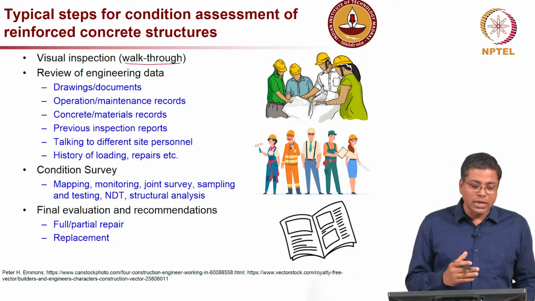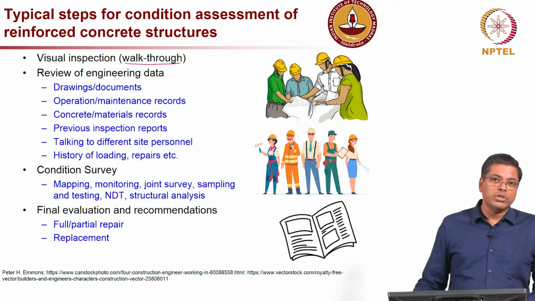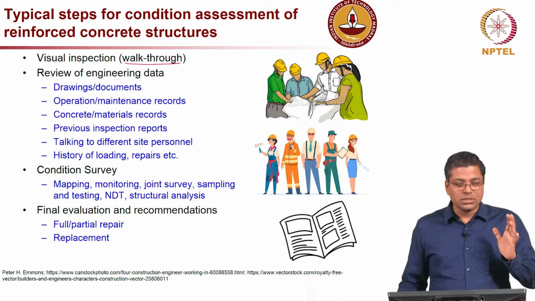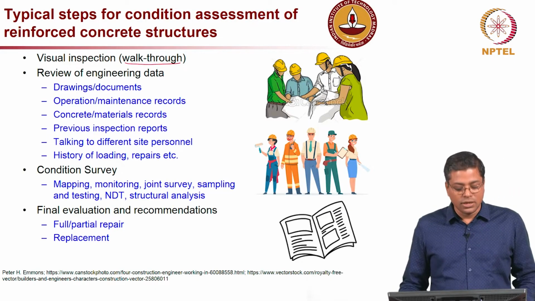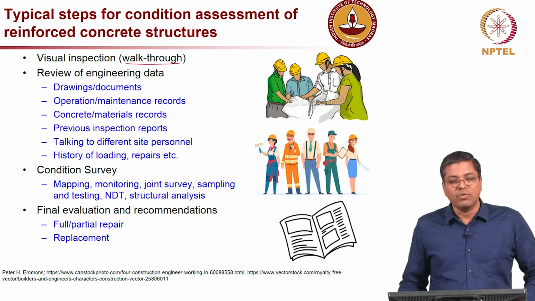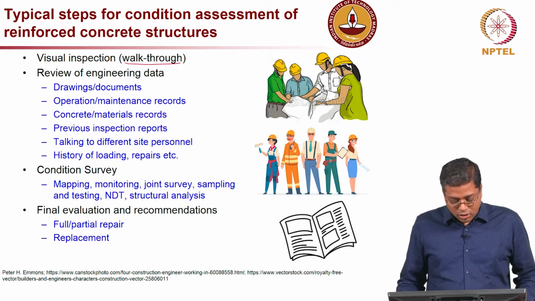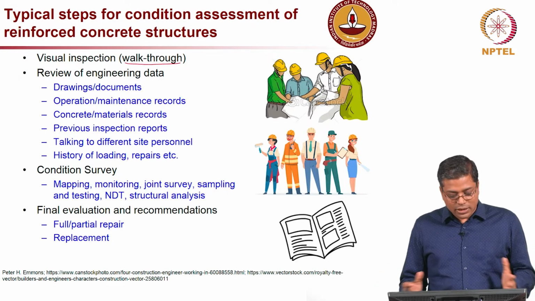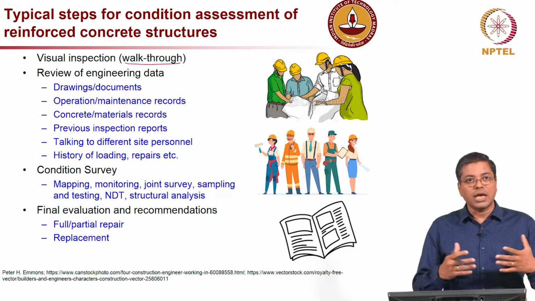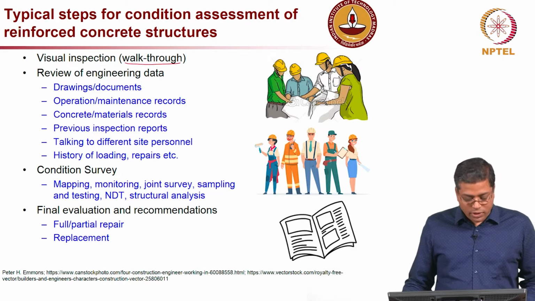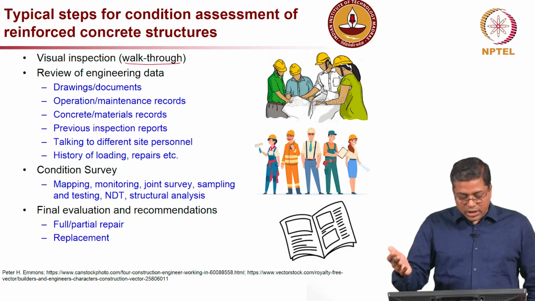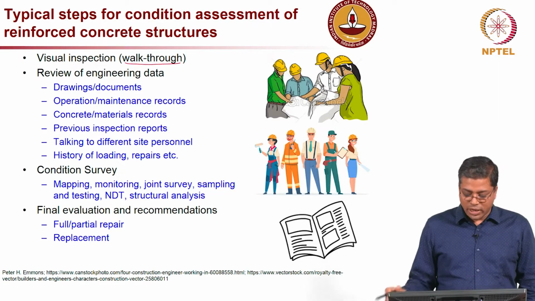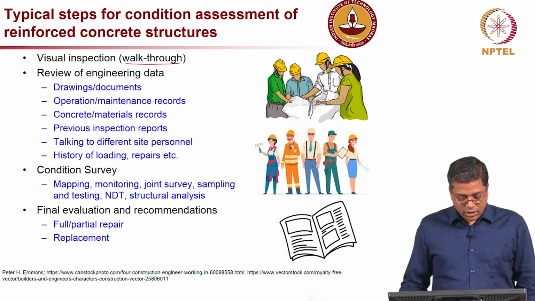So, it is always better to ask for a visual inspection, and you must visually inspect the structure before going for details or before making opinions on details. Otherwise, you must say that the opinions which I am giving are actually without having a visual inspection, so the reader of your report can also make judgments on that.